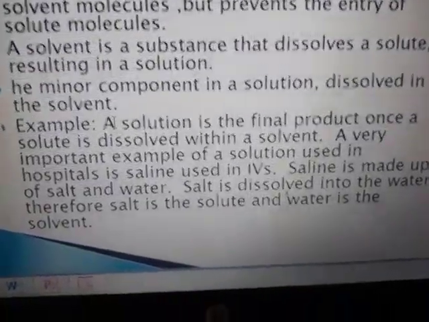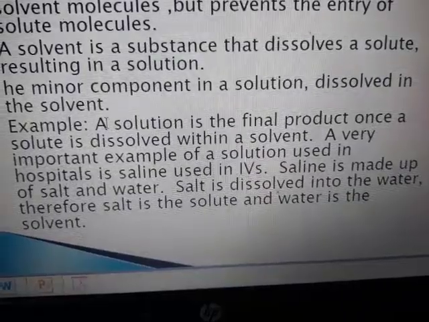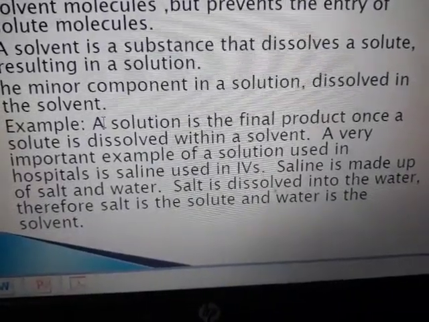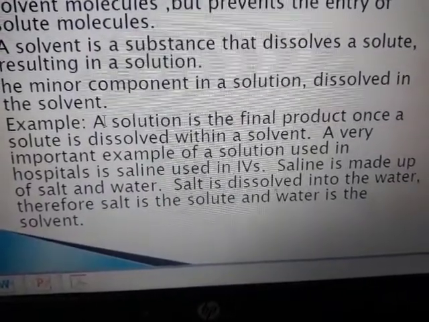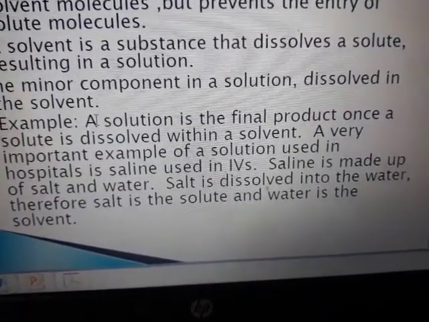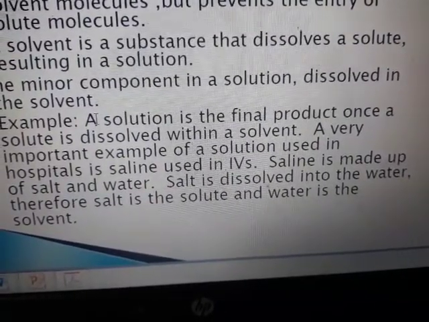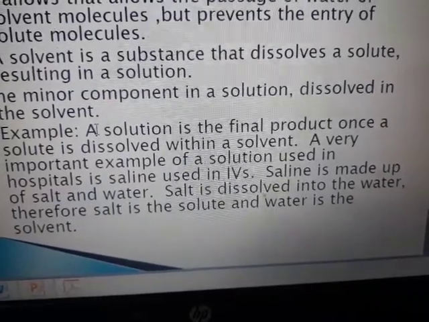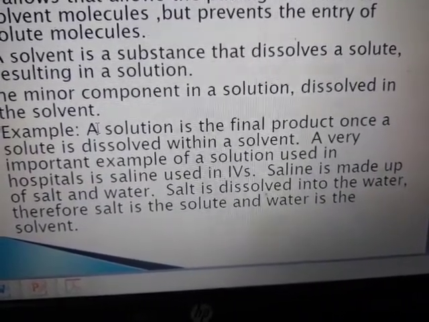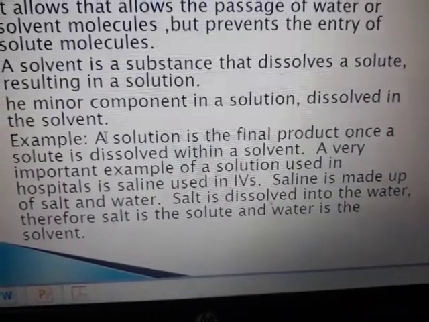For example, now let me tell you, a solution is the final product once a solute is dissolved within a solvent. A very important example of a solution used in hospitals is saline, used in IVs, that is intravenous. Saline is made up of salt and water. Salt is dissolved into the water. So salt is a solute, water is a solvent, and whatever mixing together happens, it becomes a solution.